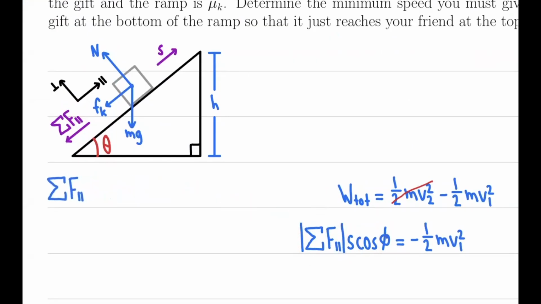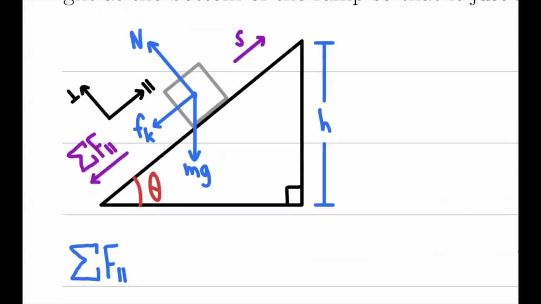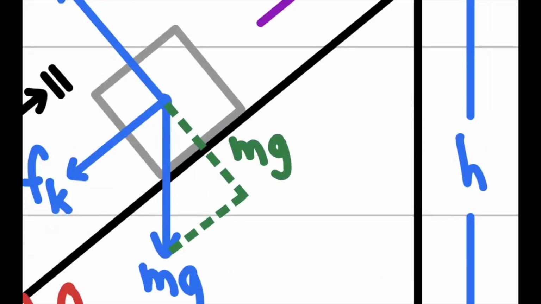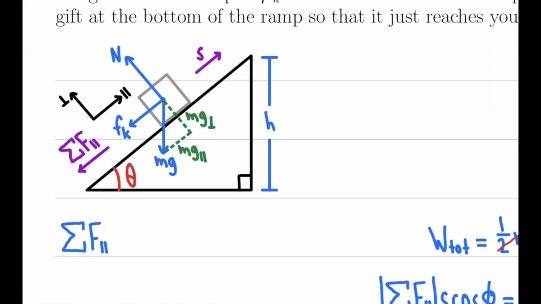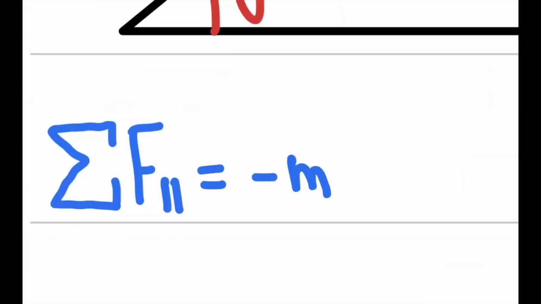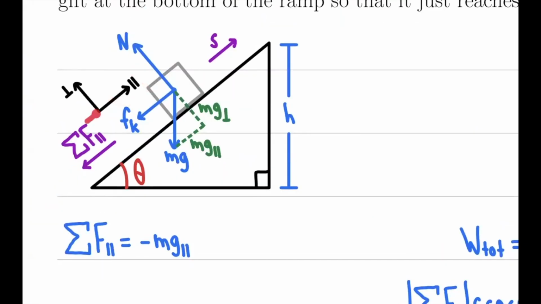The net force in the parallel direction, I can just break this up into its parallel and perpendicular components. So this is mg perpendicular. This is mg parallel. The net force in the parallel direction is going to be negative mg parallel because it's in the negative parallel direction.